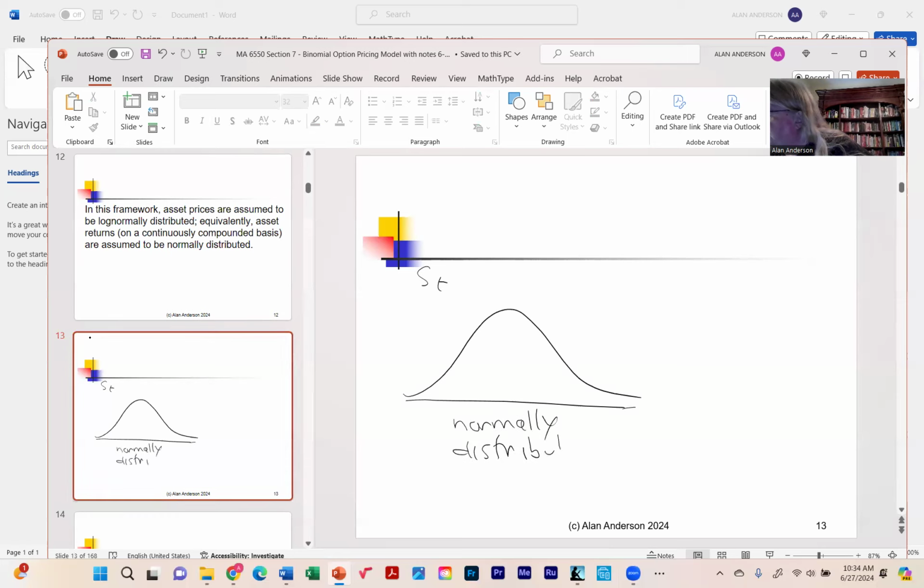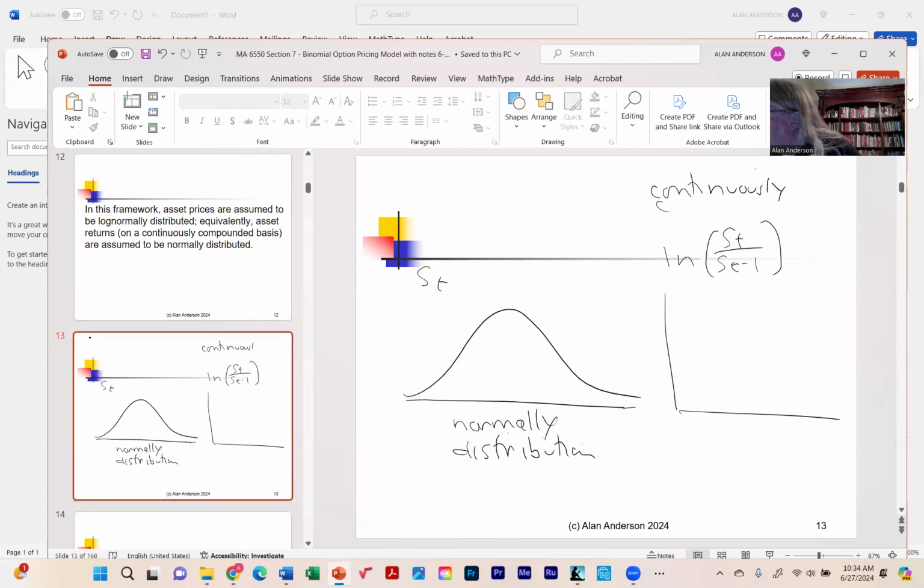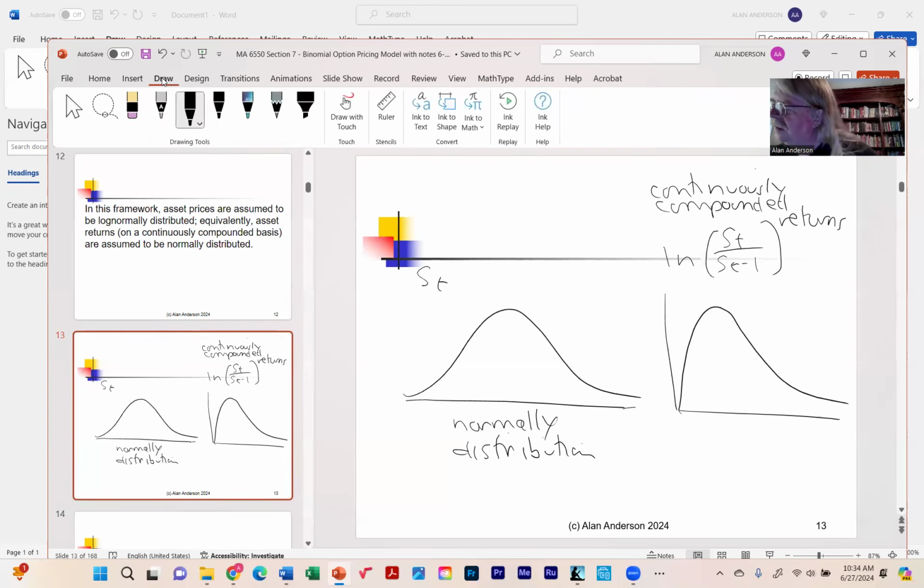Now, since we are using continuously compounded returns in our option pricing models, that implies that, whoops, I just realized I made a grammatical error here.